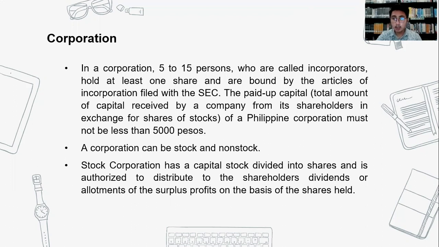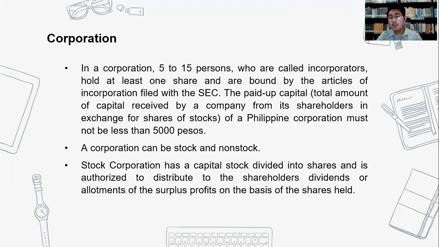Okay, so dito, yung mga shareholders natin or the incorporators need to pay up a capital or total amount of capital received by the company from the shareholders in exchange of shares of stock. So you can call yourself an incorporator or shareholder once you buy the shares of stock in a corporation.